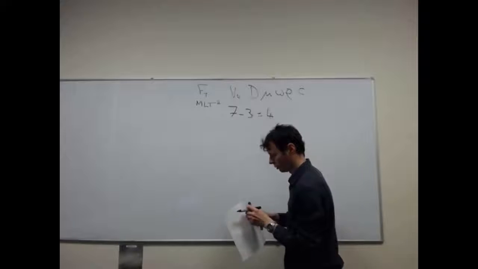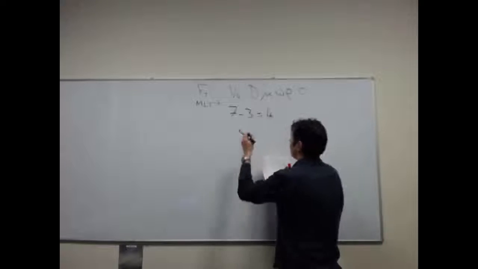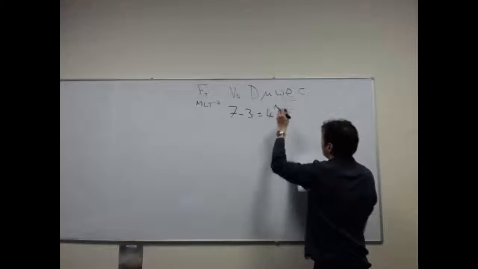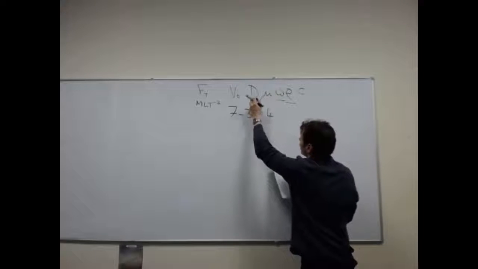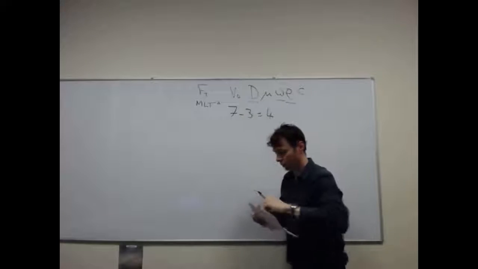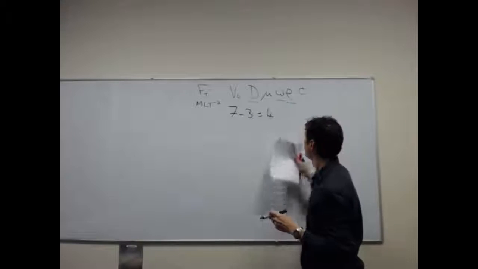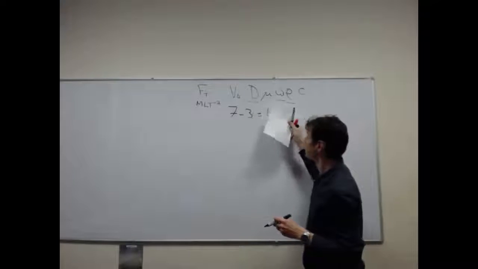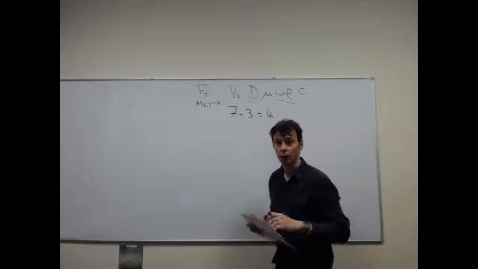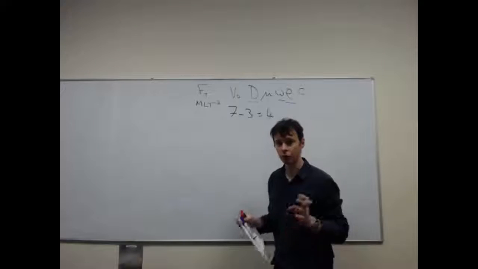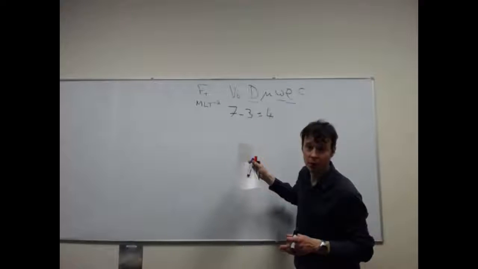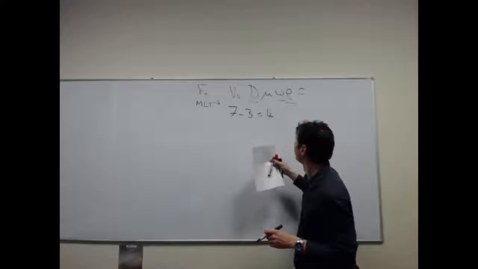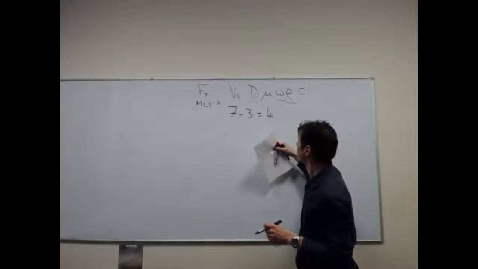I'm going to choose density. Okay, so when we choose repeating variables, the first rule of repeating variable club is they cannot form a dimensionless group by themselves. And looking at that, it's impossible to.